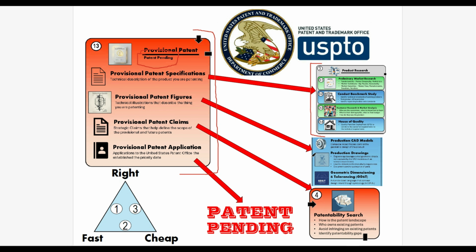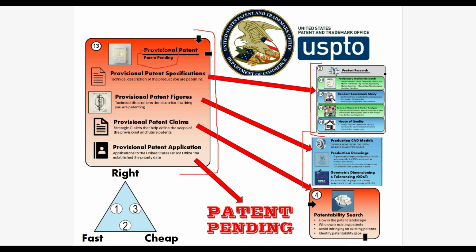So we here at Bevel Edge, when we're designing and creating drawings for a customer, we don't just do these drawings technically for production. We also have the provisional patent in mind. That way the customer or our client doesn't have to pay extra money and remake all these models and remake all these drawings for someone that does patent illustrations only.